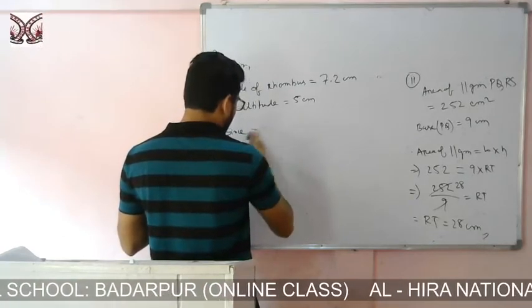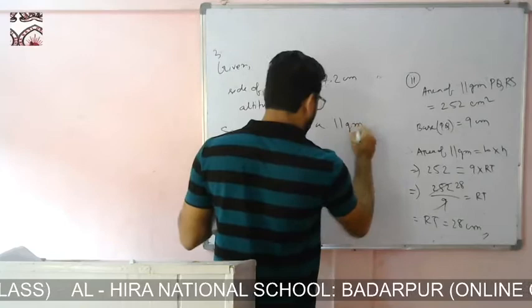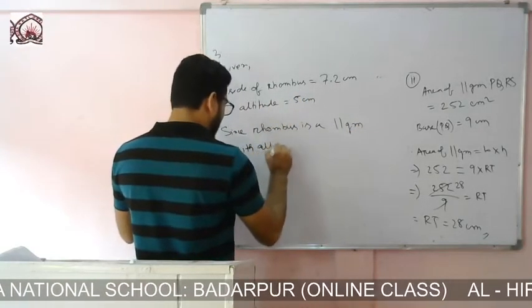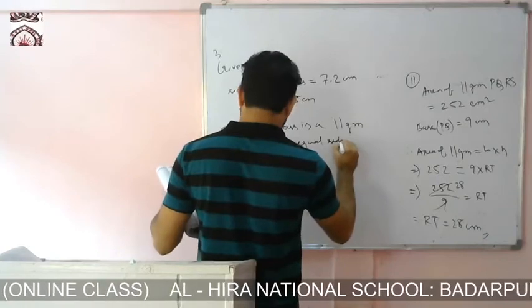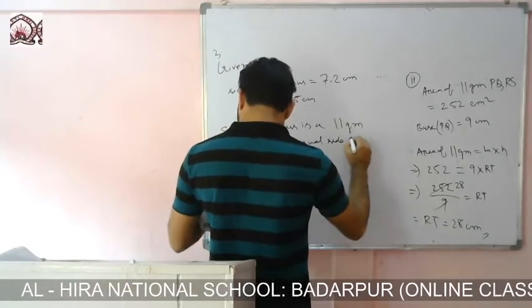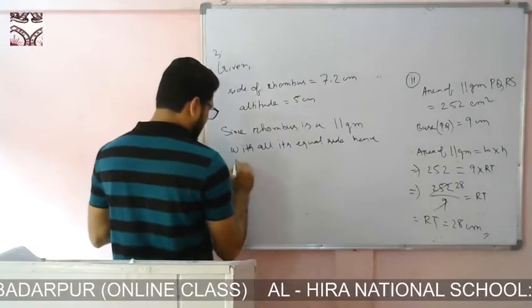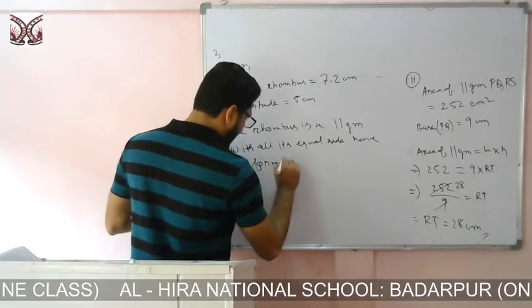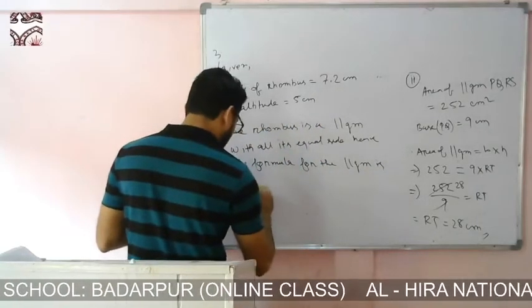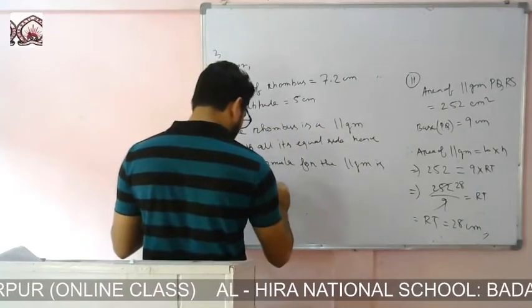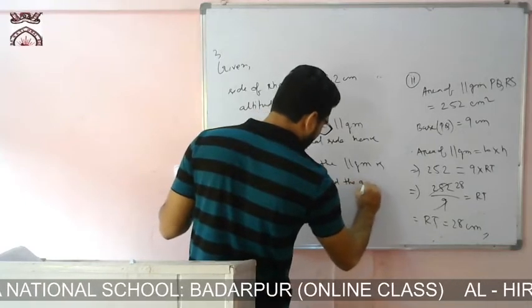Right, since rhombus is a parallelogram with all its equal sides, hence the formula for the parallelogram is applicable to find the area.